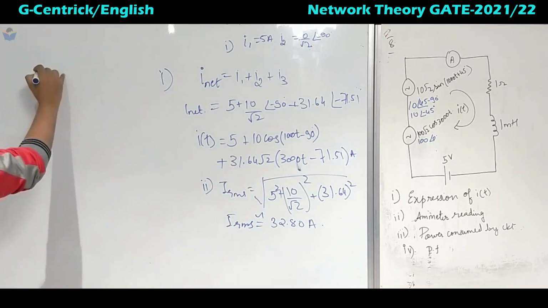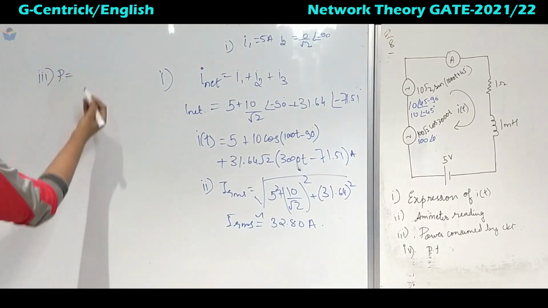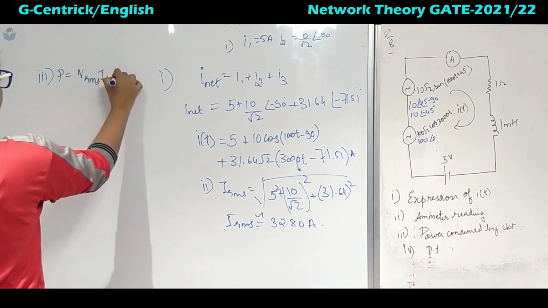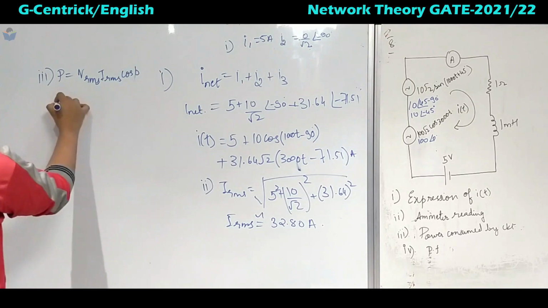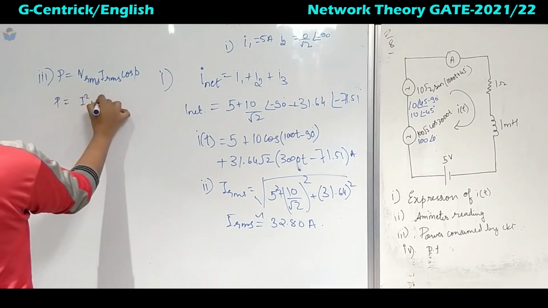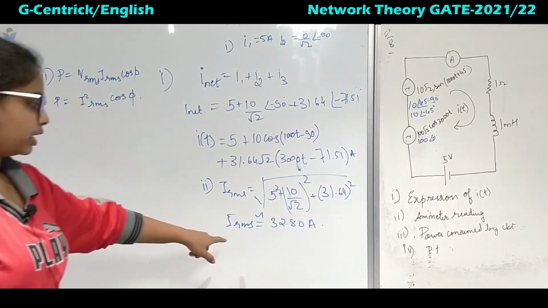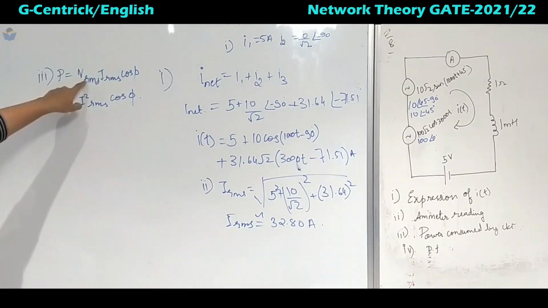Coming to the third one. For power consumed, we can either use VRMS times IRMS times cos phi, or we can use I square RMS times cos phi. Since we have IRMS already, we will use this one and avoid calculating VRMS.